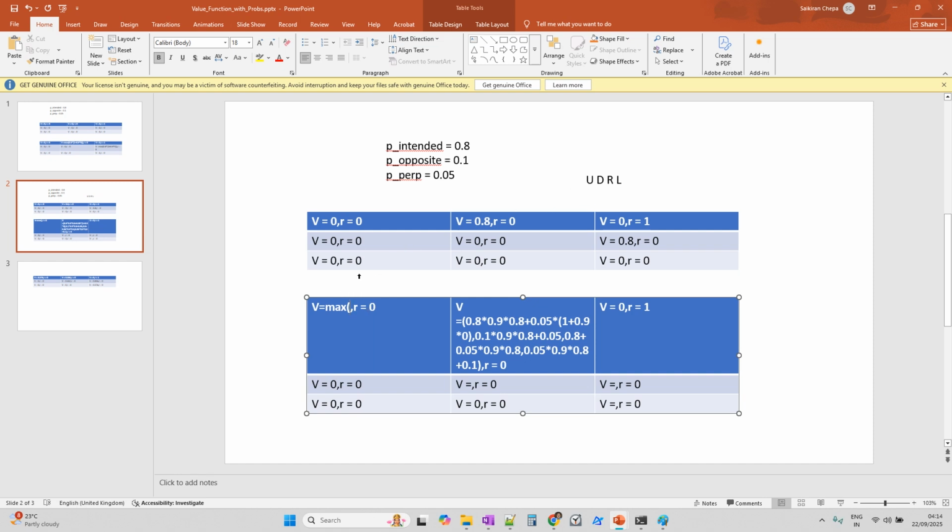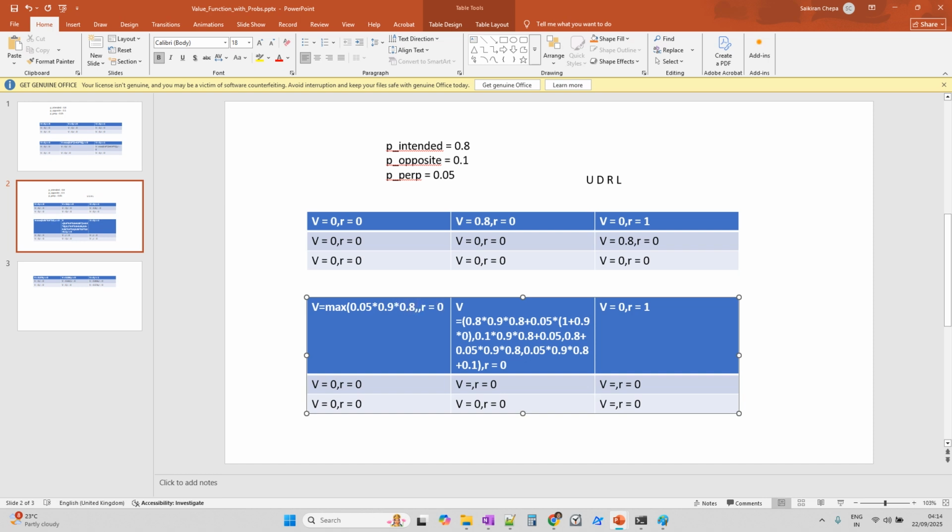Up if you go, then nothing is there, since the value is 0 here, nothing will come. Down also nothing will come, left also nothing will come. In this direction something will come, that is 0. So up is the opposite perpendicular direction. So this is 0.05 into 0.9 into 0.8.